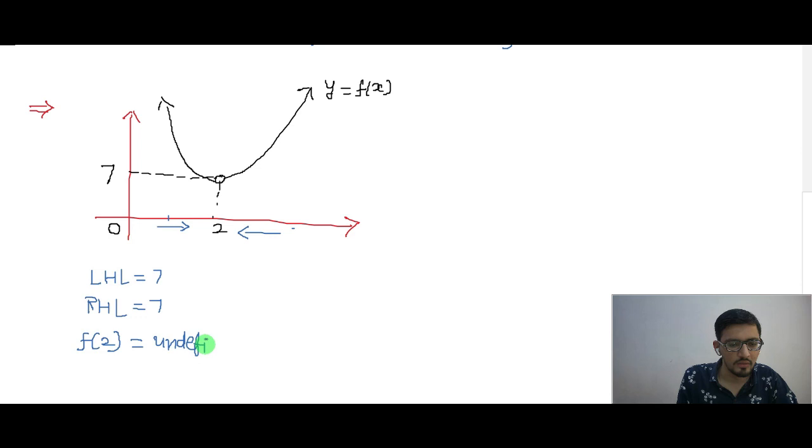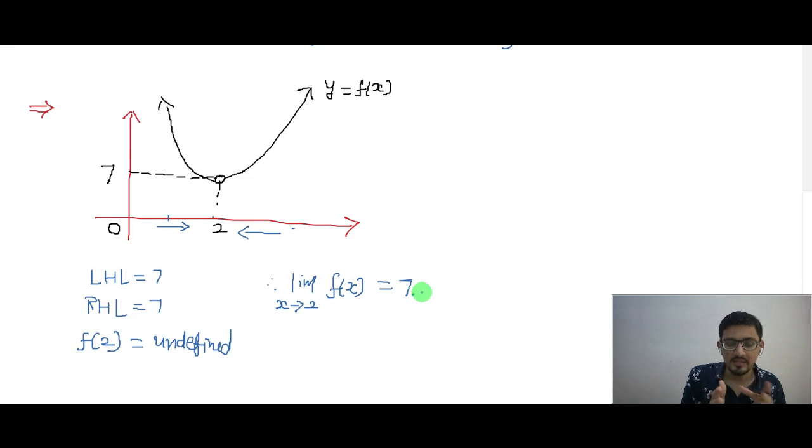Undefined. Okay, don't tell 7, because very clearly we can understand here it is open interval. That means that at x equal to 2 function is not defined. So f of 2 what here? Undefined. And if I'm asking for this function what is limit x tends to 2 f of x, then answer will be what? 7.